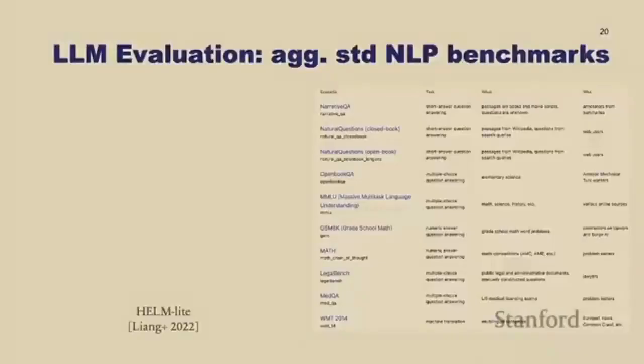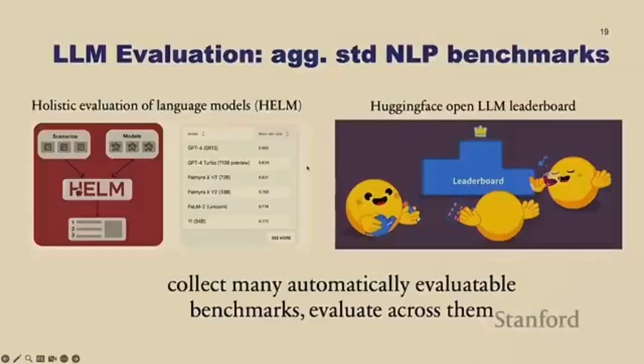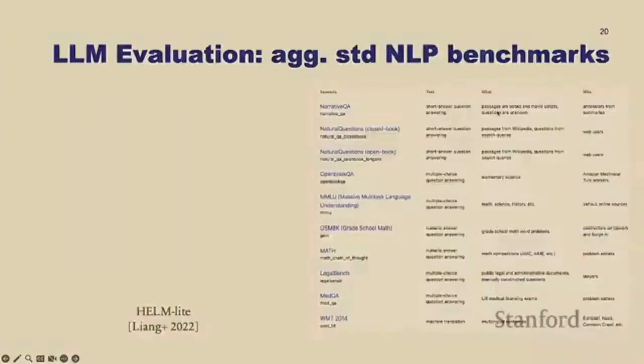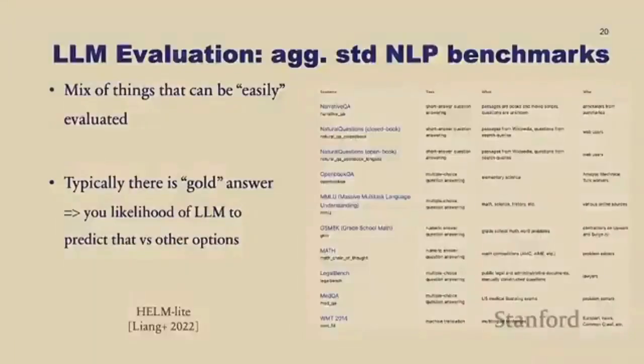One such, or actually two such benchmarks, are HELM, which is from Stanford, and the Hugging Face Open LLM Leaderboard, which are probably the two most common ones right now. Just to give you an idea, in HELM there are all of these types of tasks, which are mostly things that can be easily evaluated, like question answering. Think about many different question answering tasks. The benefit with question answering is that you usually know what the real answer is.